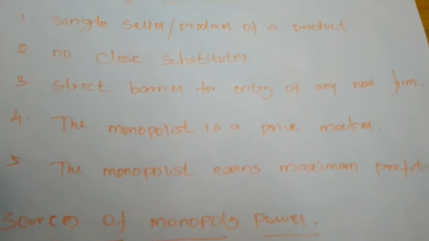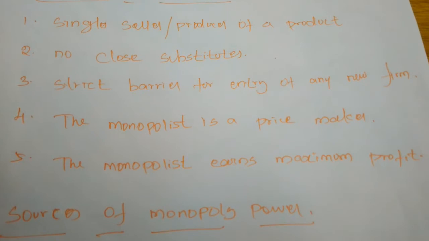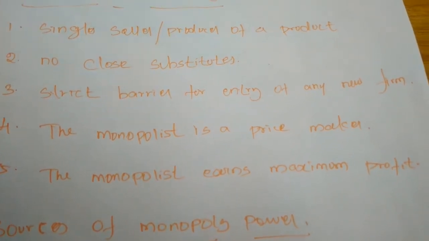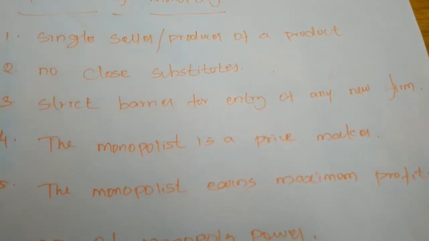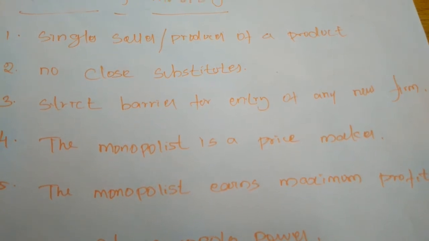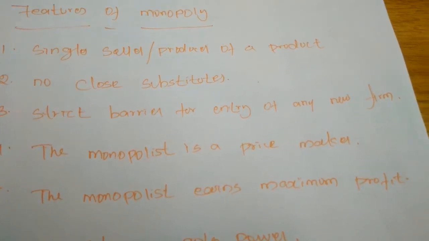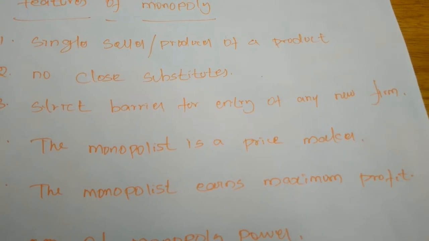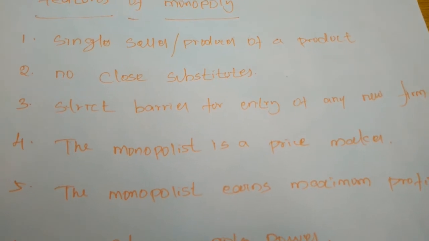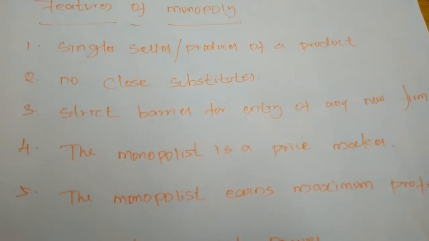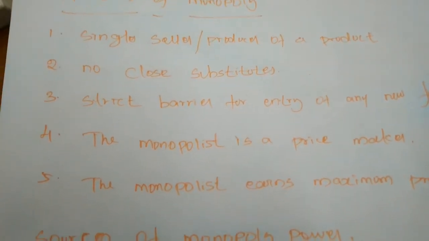Next is strict barriers to the entry of any new firms. In this monopoly market, strict barriers are imposed by the government and the law, because after having the special rights, the copyright or the patent right to produce a particular commodity, no other person can enter as a new firm. Suppose an author has published a book with a certain name, others should not use that book.